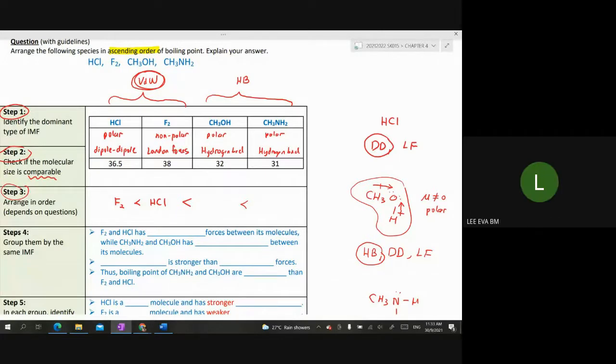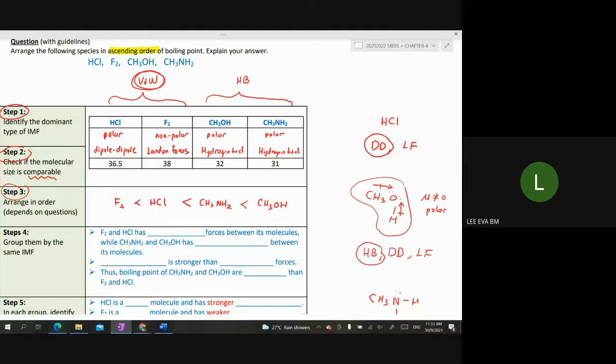CH3OH. Exactly. Okay, so CH3OH gives you a stronger hydrogen bond due to the electronegativity on oxygen. Okay, then we follow by CH3NH2. Lepas susun sebab awak kena dapat konsep dulu, baru kita kena buat ayat.